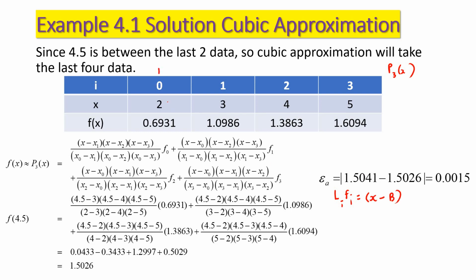When you're standing here, this is A, then this will be B, this will be your C, this will be your D, this will be your Y. So x minus C, x minus D divided, A is a current x, so A minus B, A minus C, A minus D multiply the Y. So if manually, you write down this formula, then you plug in all the x node, x1, x2, x3, f node, f1, f2, f3.